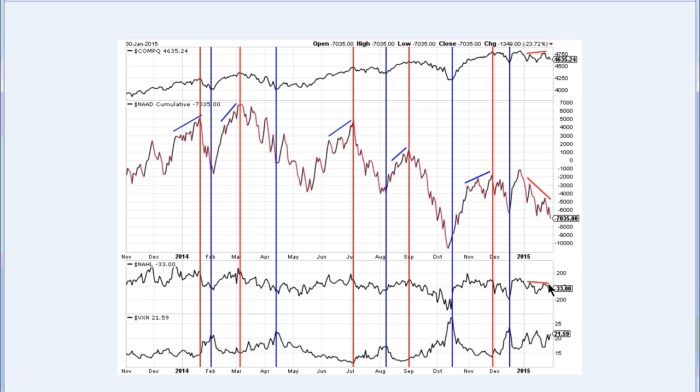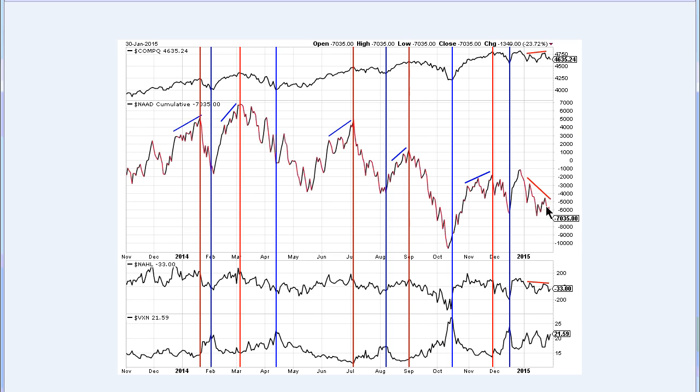And the thing to look at right now is the negative divergence, and that kind of explains why the market feels so weak, especially in the Nasdaq, right? Because you can see the advanced decline line is also making a lower high here, while we see a little bit of a higher high recently.